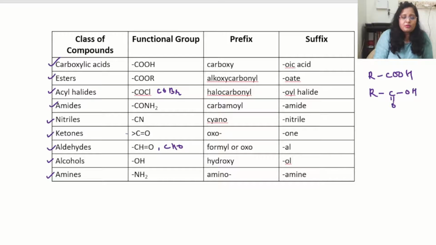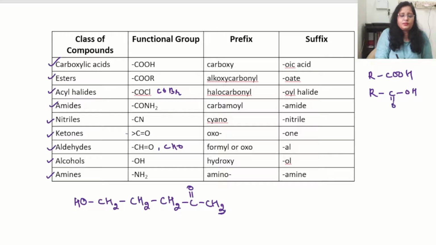Let's have an example for this. Here we can see easily that there are two functional groups.